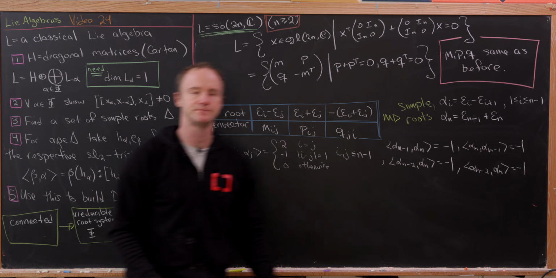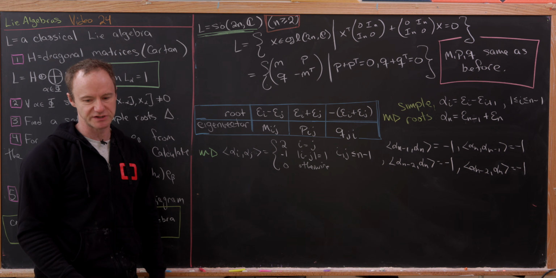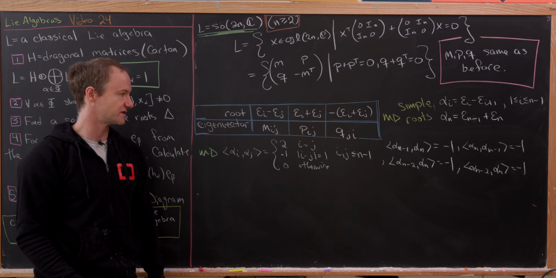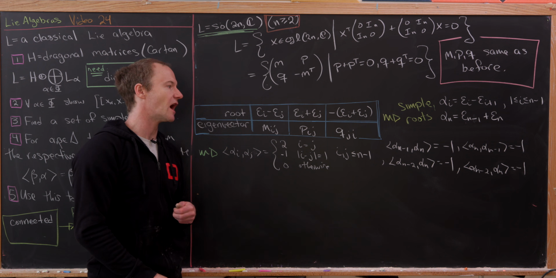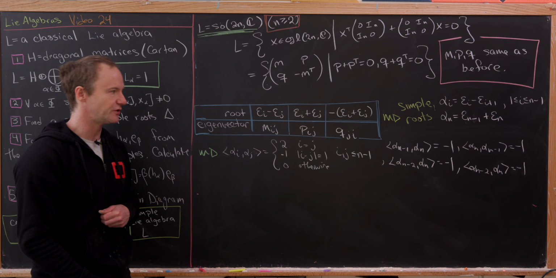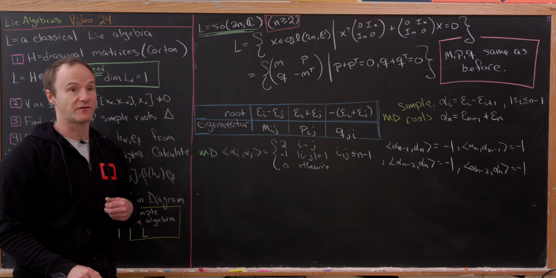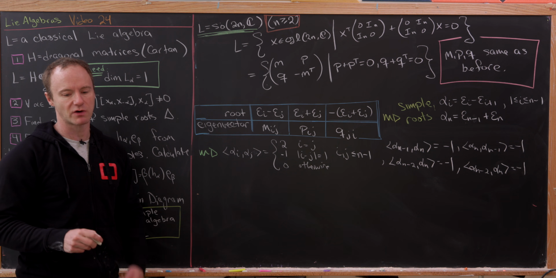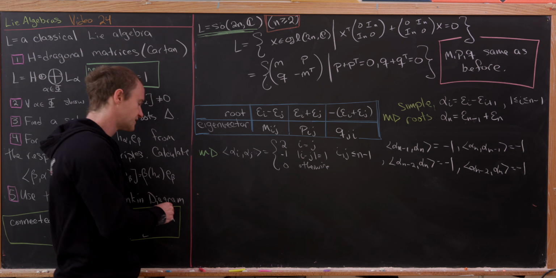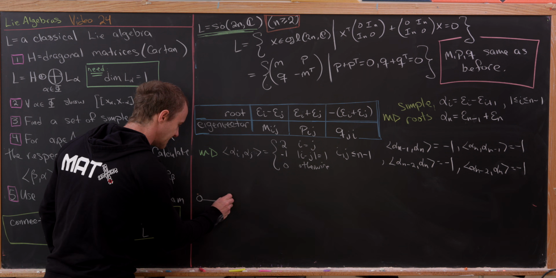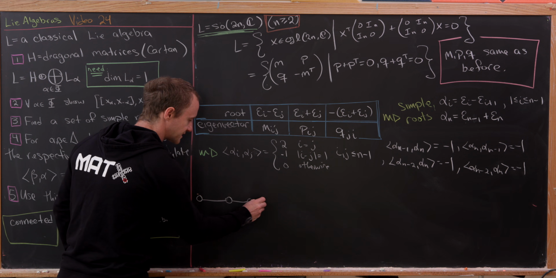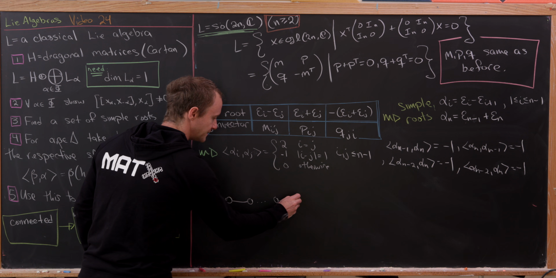So that means we only have single edges. We don't have any double edges. And all of the other ones are 0. So if you do alpha n with alpha n minus 3 and so on and so forth, you will get 0. So that allows us to build the Dynkin diagram that looks like this.